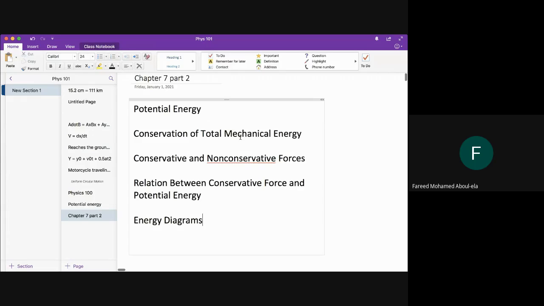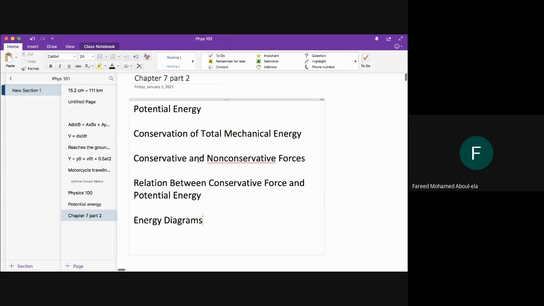So we started to talk a little bit, and we'll talk more today, about the idea of conservative forces and non-conservative forces. We're going to see that any force for which we can define a potential energy is a conservative force.